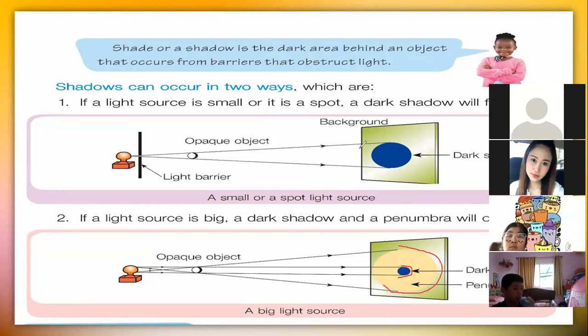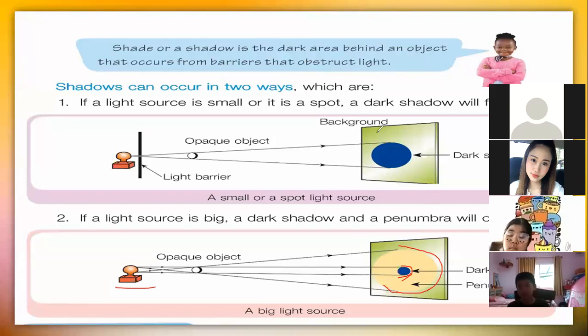From the small light source, you find a dark shadow. But from a bigger light source you will find a dark shadow as well, and beside the dark shadow you will find a partially shaded area at the edge of the shadow. So these are the two ways a shadow occurs.